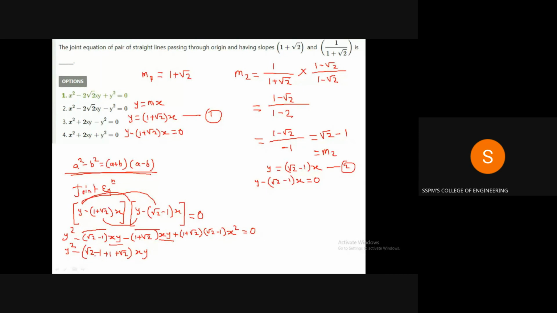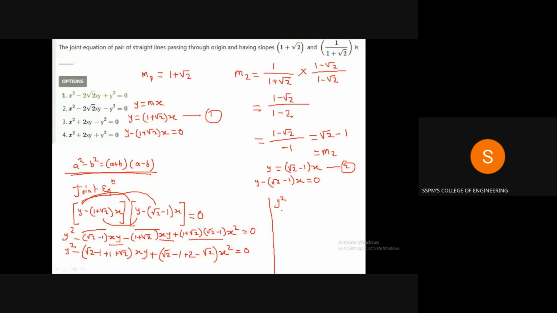So we can write (root 2 minus 1 plus 1 plus root 2) xy plus, now we multiply these two. First term into first term is 1 into root 2 is root 2, minus 1 into 1, it is again 1, plus root 2 into root 2 is root 2 square, that is 2, minus root 2 into 1 is root 2, into x square is equal to 0. So if you solve this, you will get, I will write it here.